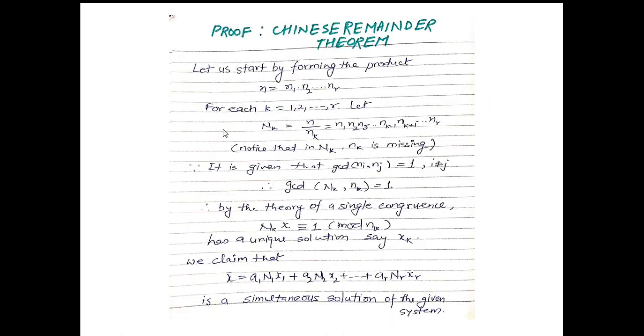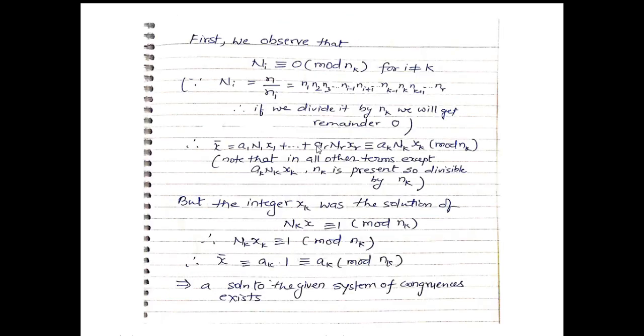What is capital Ni? Capital Ni will be n upon ni. So from n, the ni factor will be eliminated. So Ni is n1, n2, n3, ni minus 1, ni plus 1, ni is missing here, and so on. Then nk will be there, nk minus 1, nk plus 1, they will also be there up to nr.